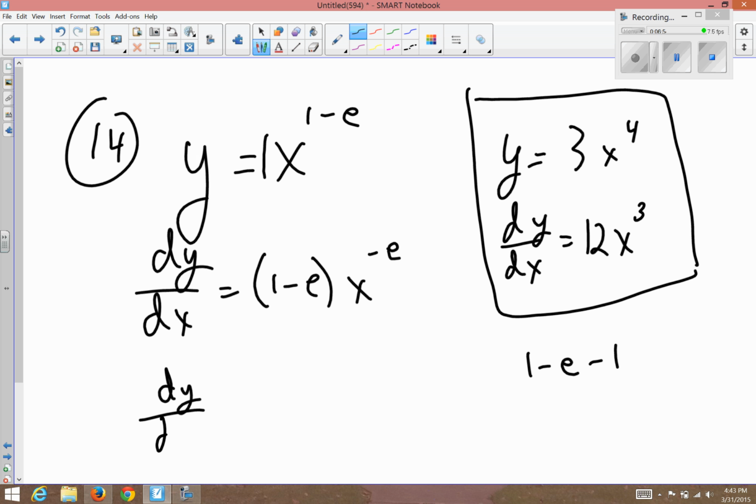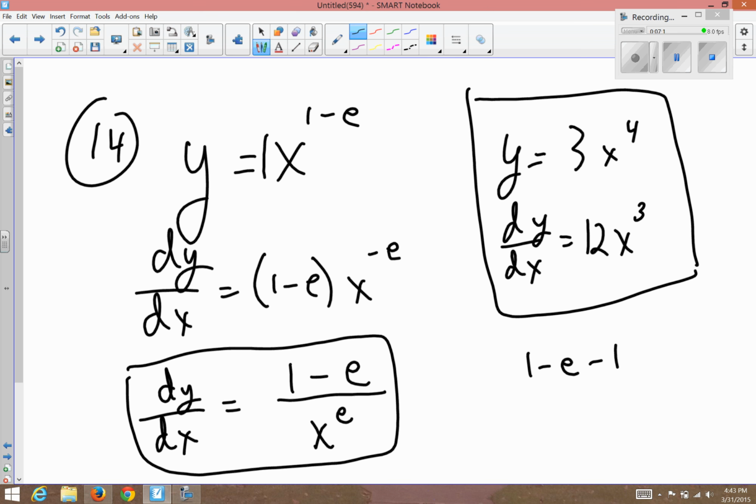The answer to exercise 14 could be written like this. X to the negative e can be written as x to the positive e as long as we put that part in the denominator. So 14 is not like 16.